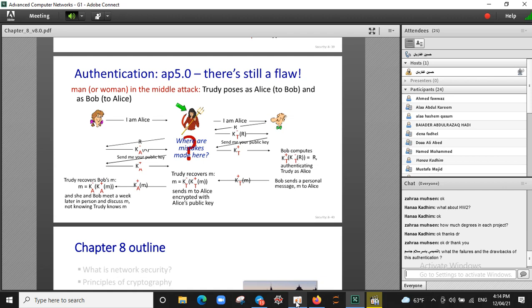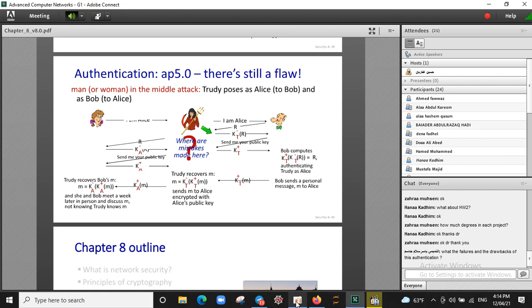And at the same time, when Alice sends me a message, "Okay, I am Alice," Trudy will send a similar message to Bob, "I am Alice." And Bob says, "Okay, let me decrypt this message."